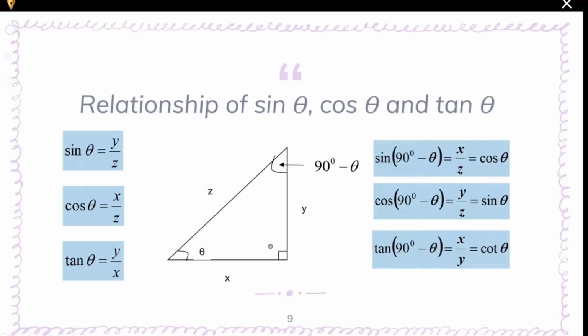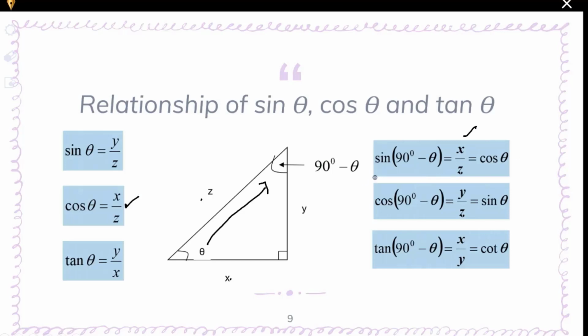Now in this triangle, if the angle given here is theta, then the other angle will be 90 minus theta. So if we want to find the sine of 90 minus theta, sine would be opposite over hypotenuse, which is x over z here. Notice that x over z is cos theta.